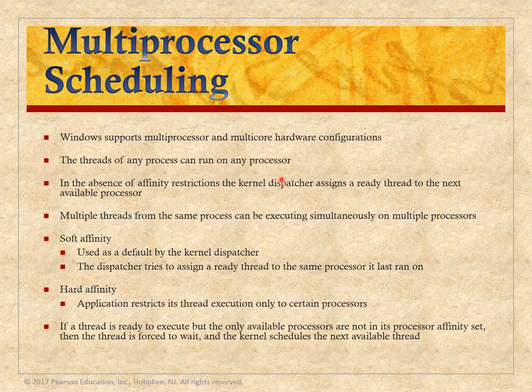So normally now we have the quad core, okay, dual quad core meaning 8 cores. Dual quad core means we have 4 cores, where one core has 2 subcores. Multiple threads from the same process can be executing simultaneously on multiple processors.